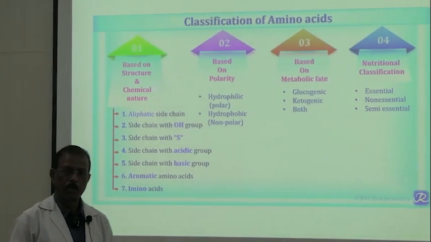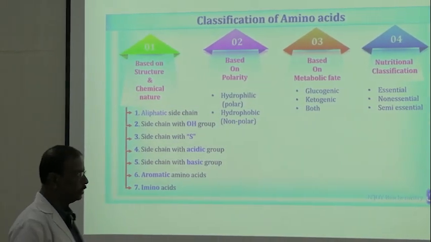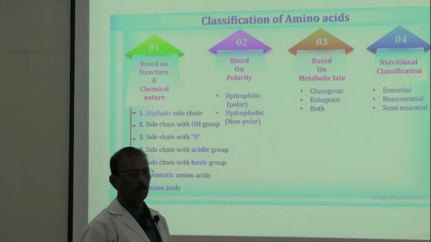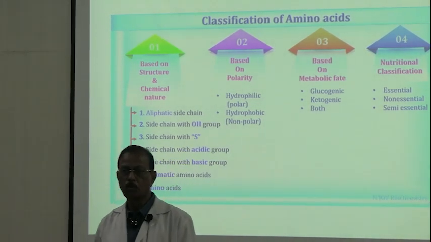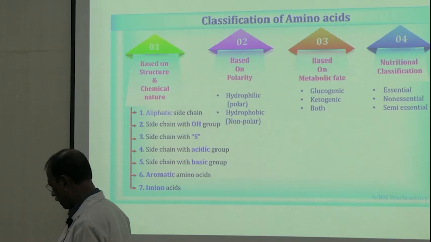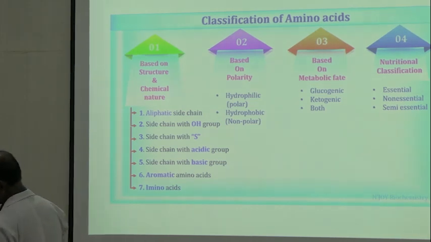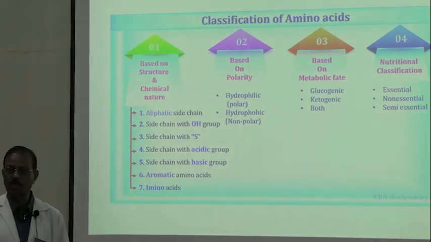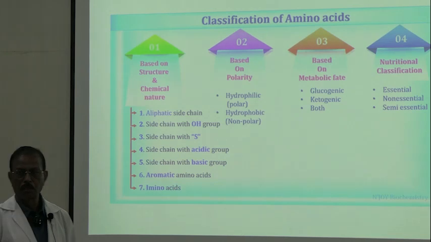Here we will find some amino acids which cannot be synthesized in the body, and we have to take them from the outside, from food, to replenish them. So they become essential.